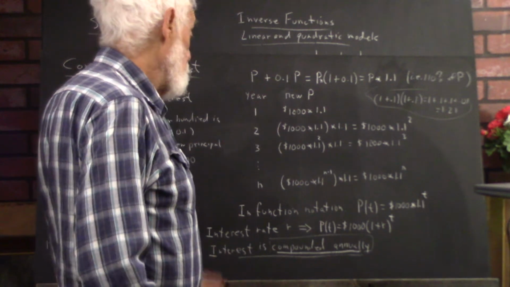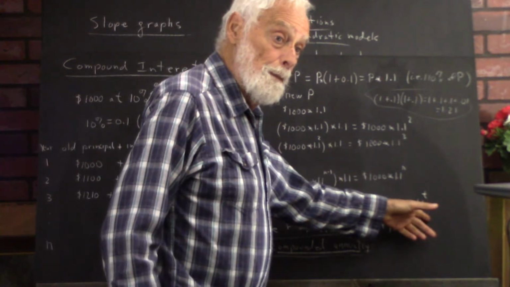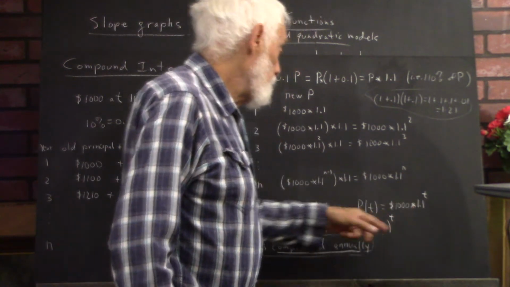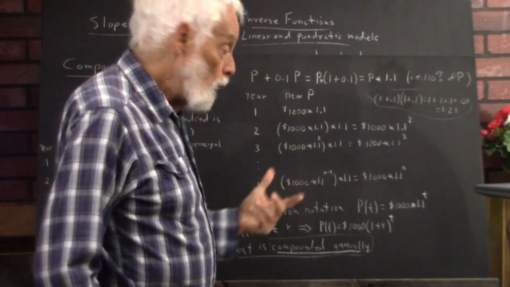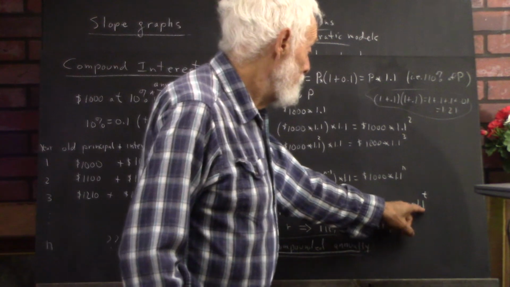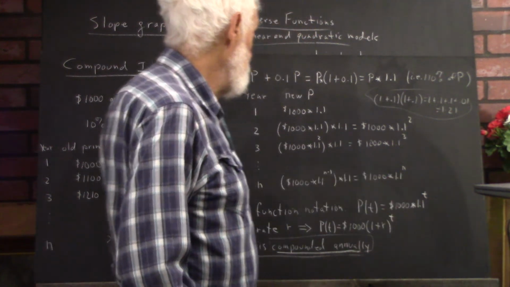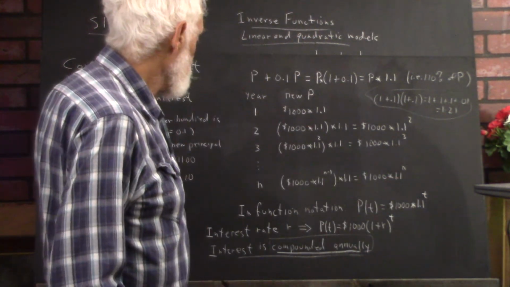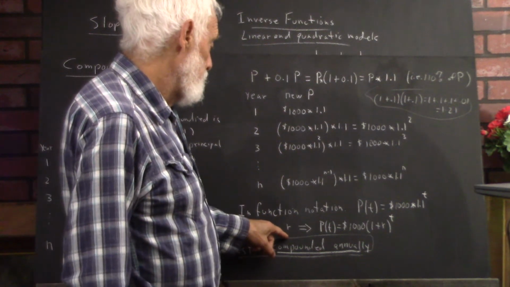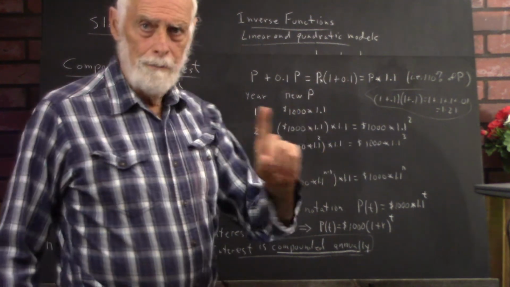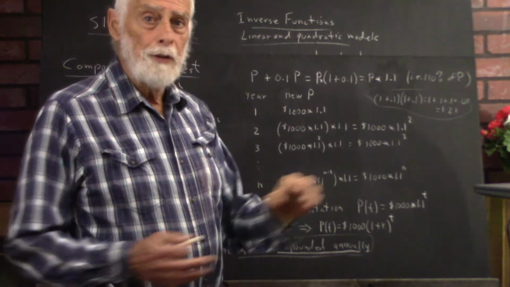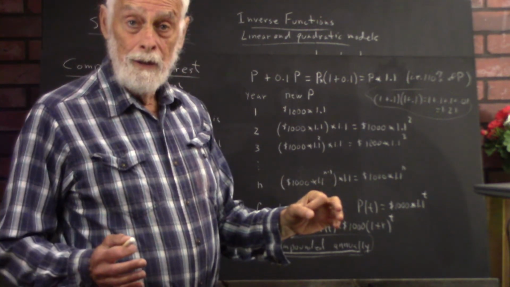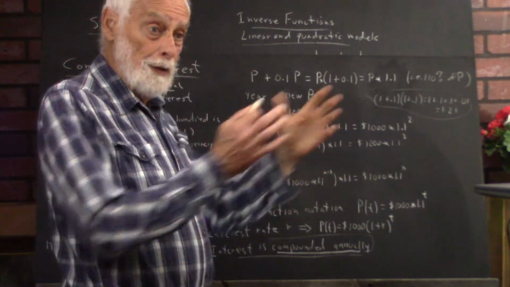Okay? So whatever the interest rate is, we're going to add that rate to 1 to get the number we raise to the t power. So if the rate is r, now by interest rate, okay, when I say the interest rate is 10%, the interest rate is not 10 numerically. The interest rate of 10% is 10 per 100.